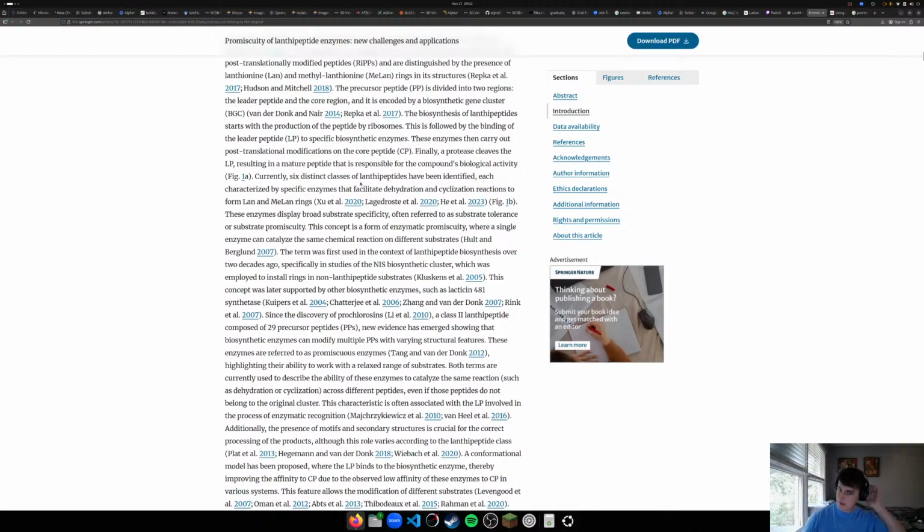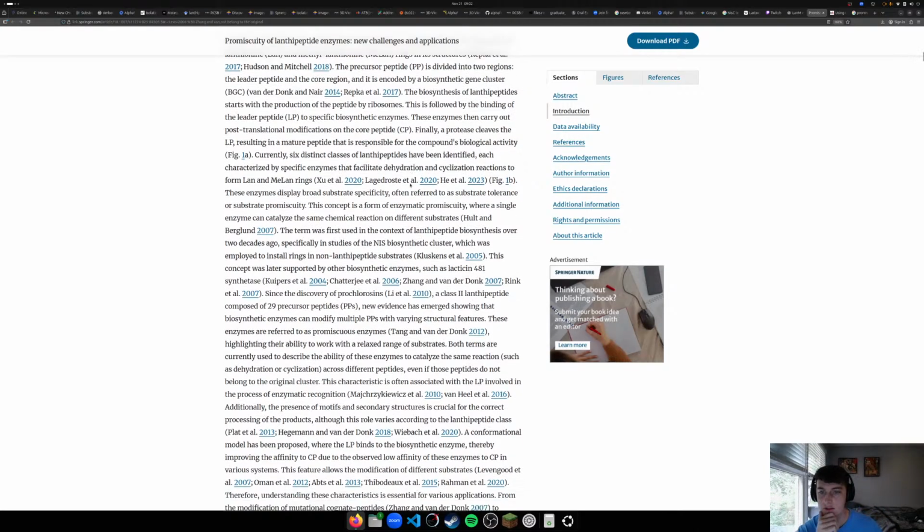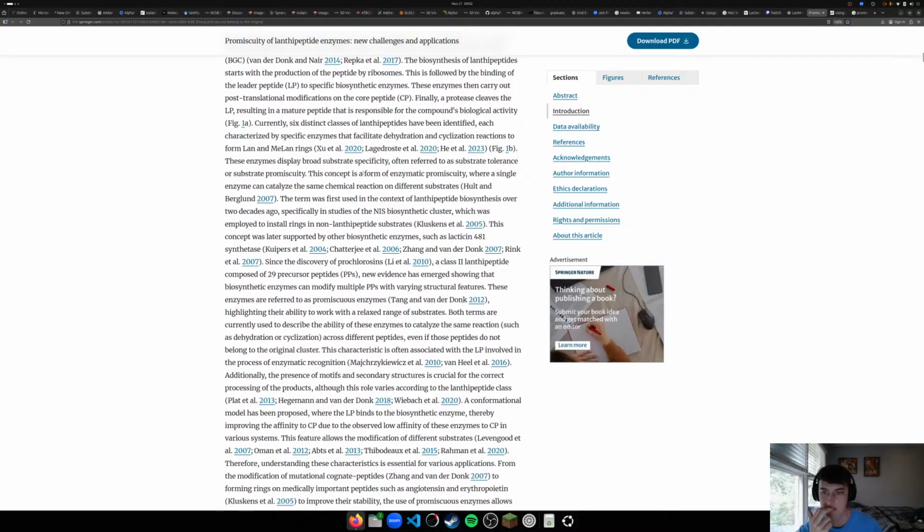Six distinct classes, each characterized by the specific enzymes that facilitate dehydration and cyclization reactions. This concept is a form of enzymatic promiscuity, where a single enzyme can catalyze the same chemical reaction on different substrates.